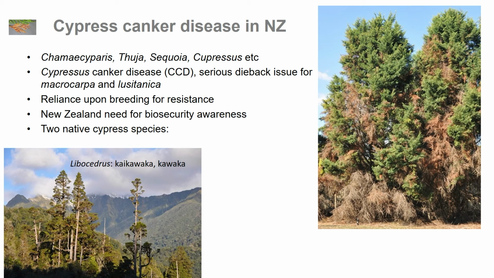We've been relying heavily upon breeding for resistance up till now, but still need to remain vigilant with our biosecurity awareness for any new pathogens arriving, due to having 2 native cypress species in our flora.